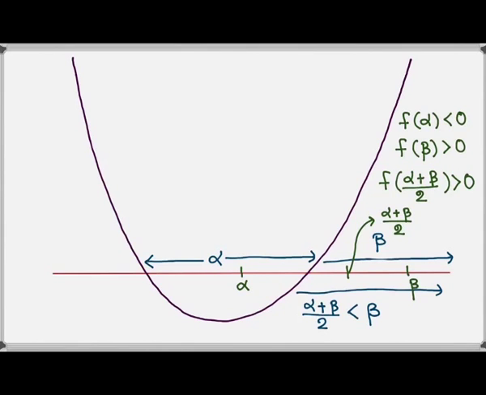Now note that alpha plus beta by 2 is strictly bigger than alpha plus beta whole divided by 2, as we have alpha is strictly bigger than 0.